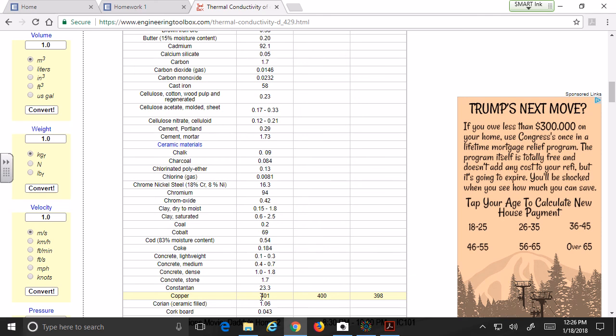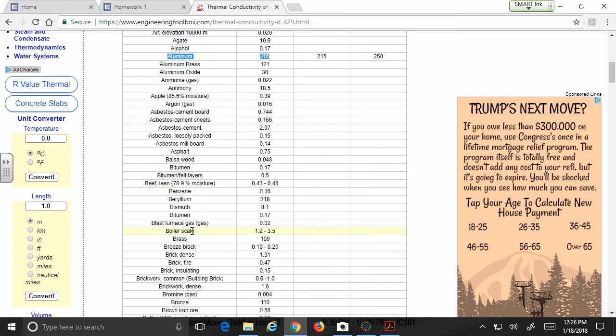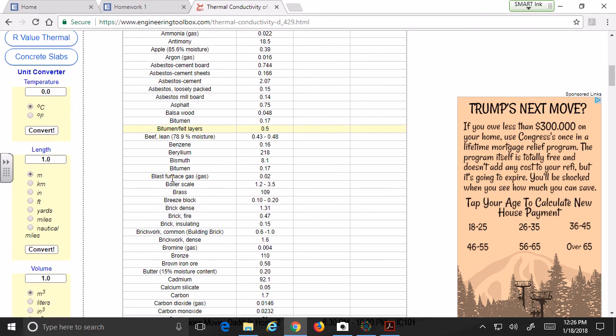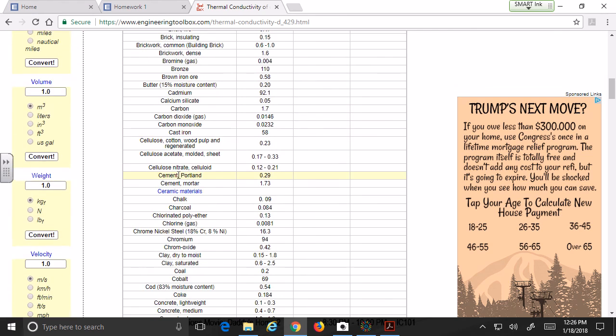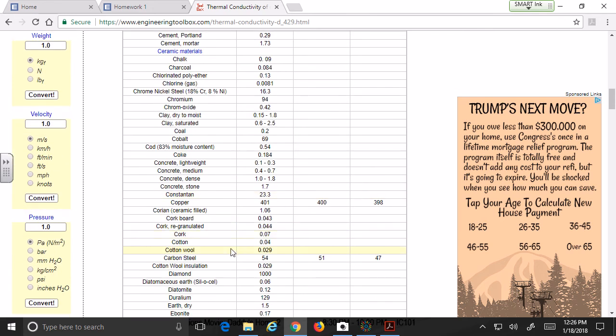So this is a conductor. What should be a good insulator? There are ones like air. Is air a good insulator, really? Yes, air is a good insulator, no? Glass is a good one, but let's look at small values. Cotton wool is 0.029.